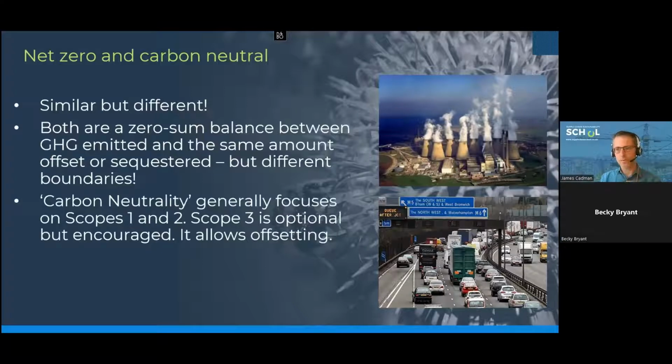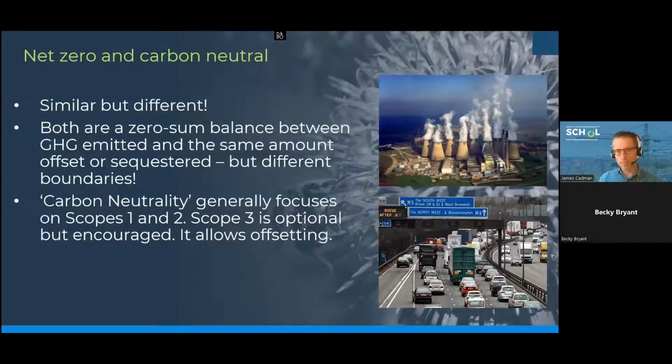That's your direct scope 1. Your indirect scope 2 is your electricity that you buy off a grid provider, of course. Scope 3 is your supply chain. So they've got very different boundaries between them. That's not to say that carbon neutrality is not good enough, but it's a stepping stone on the route to net zero in some respects.